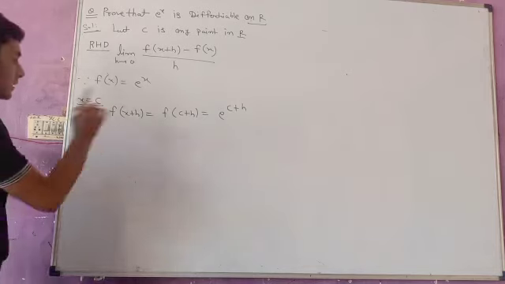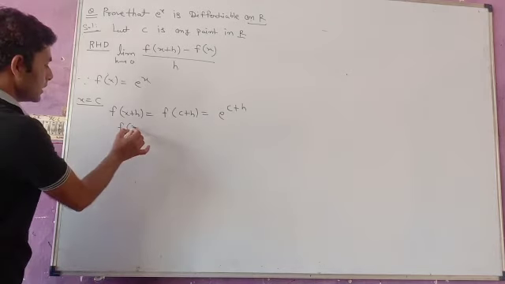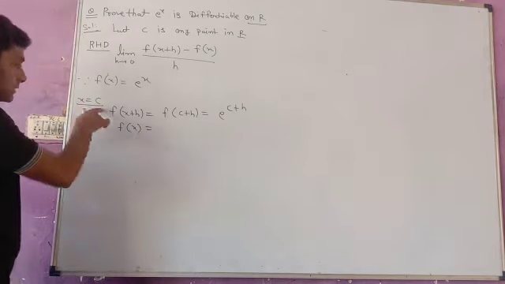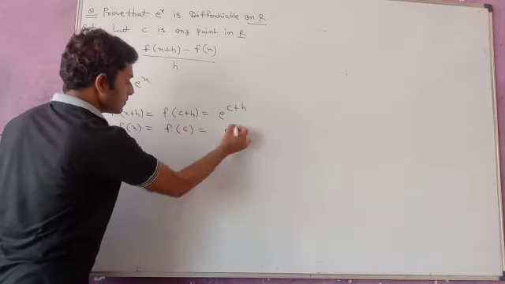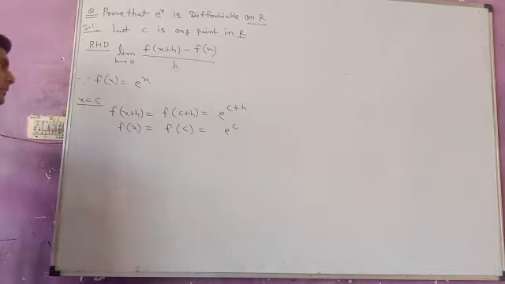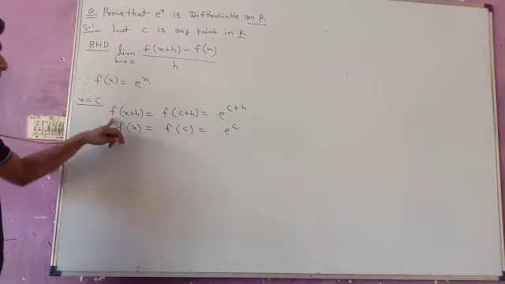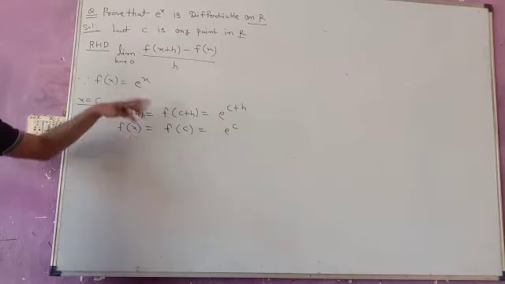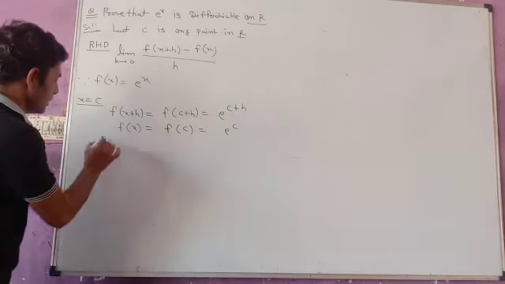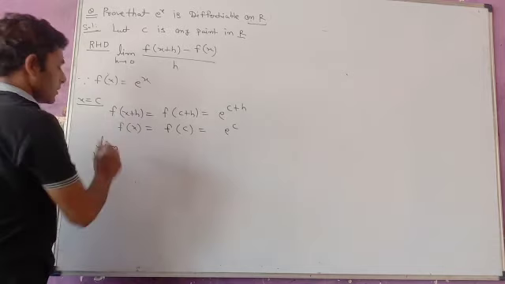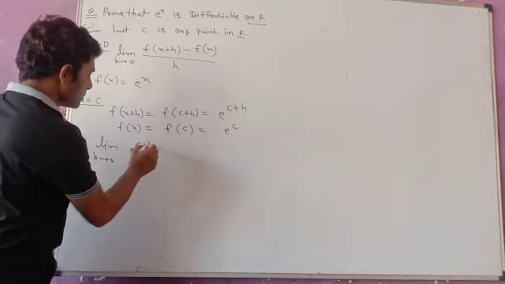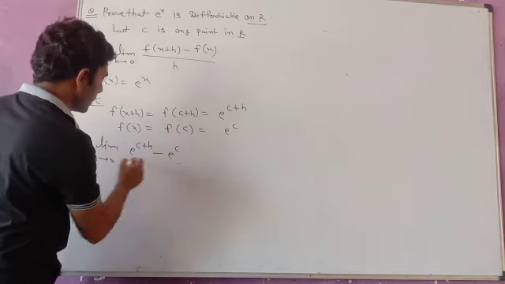Next, f(x): now x is c, so f(c) means e power c. Easily we can substitute the values of f(x plus h) and f(x) in our formula. Limit h tends to 0, on substituting the values, we get e power (c plus h) minus e power c upon h.